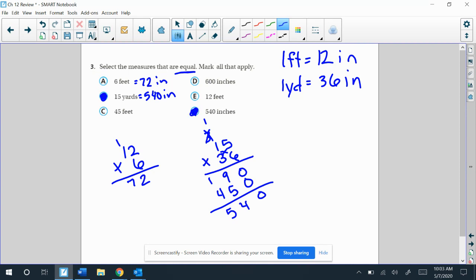But we are not yet done. We still have 3 more to look at. Okay, 45 feet. Well, 45 feet is not in inches, so we need to take a look at it. Feet, inches. We're going to use the number 12. 45 and 12.